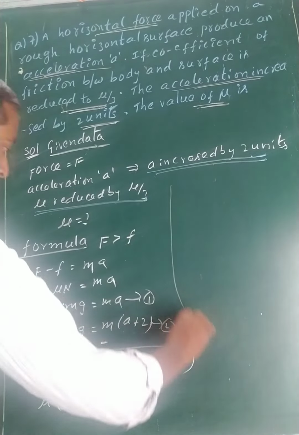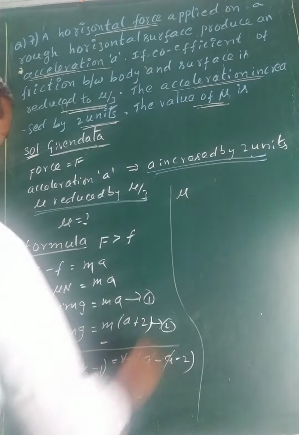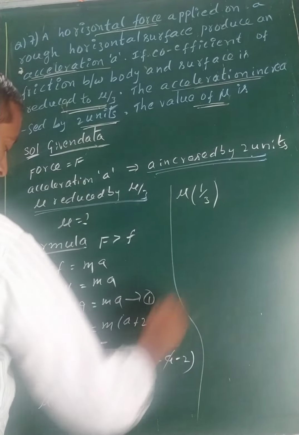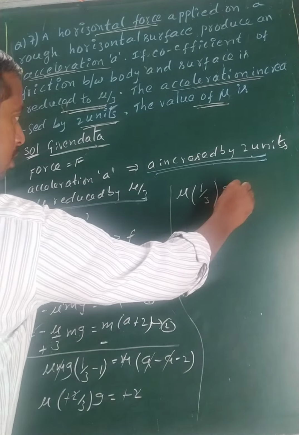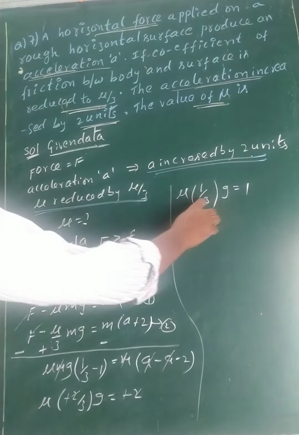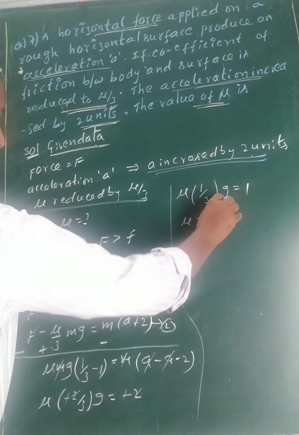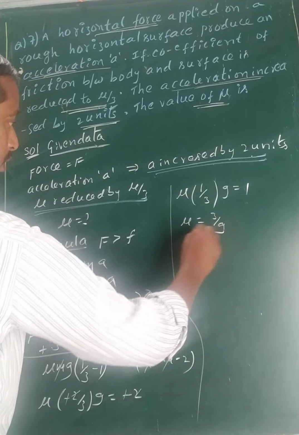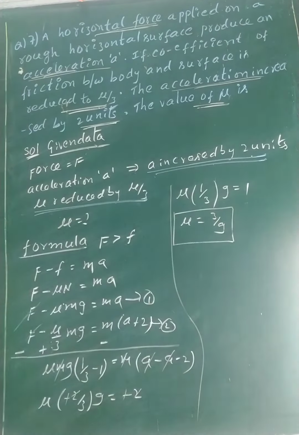Then finally mu of, here 1 by 3 is remaining, and here g is remaining. 3 can be sent outside and g is sent as a denominator. That means 3 by g. So this is the solution.